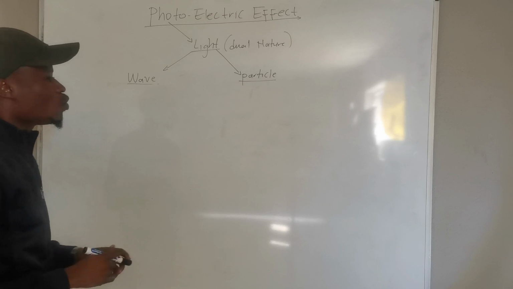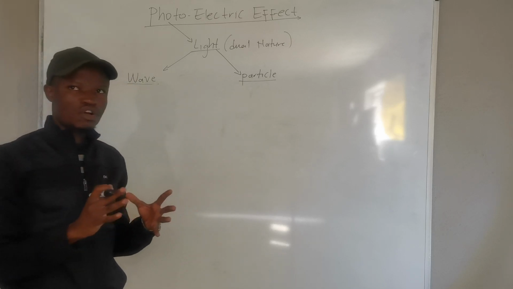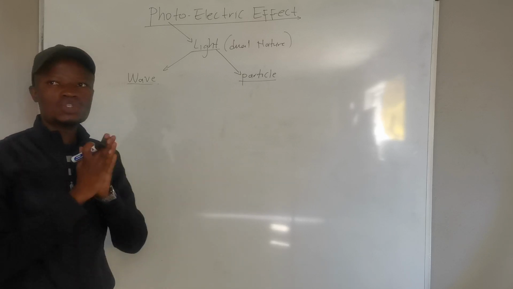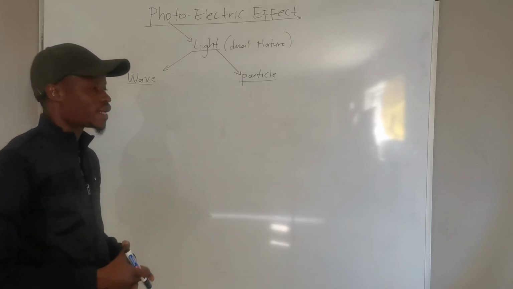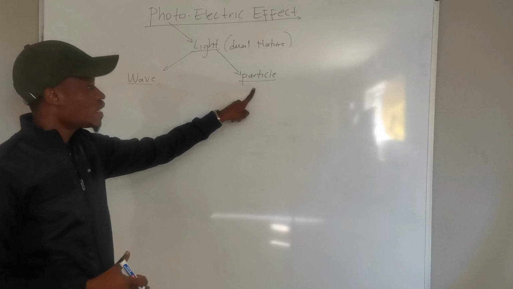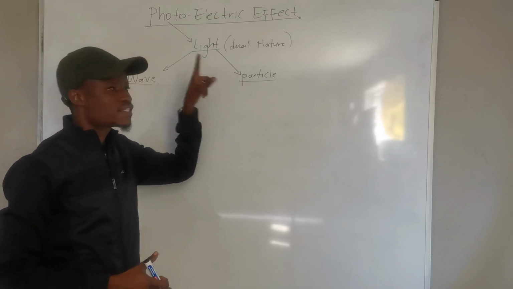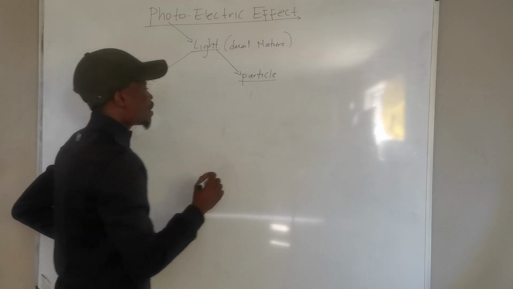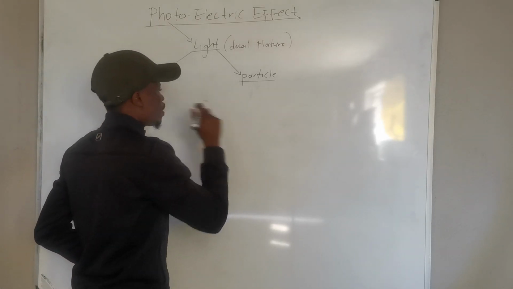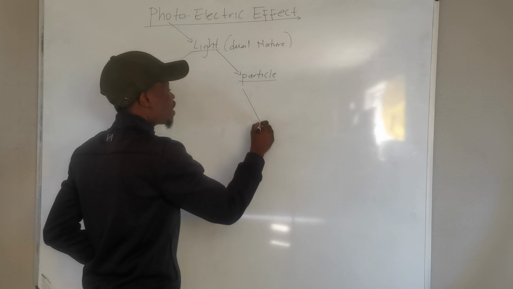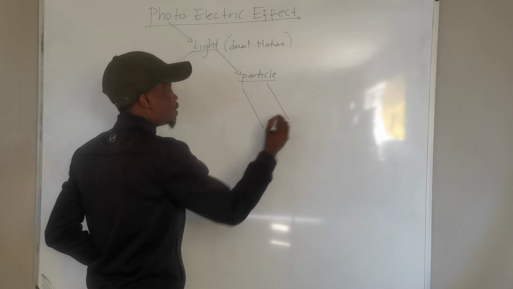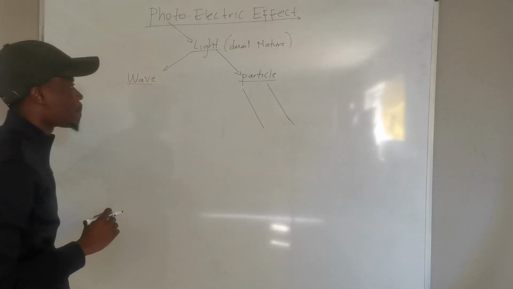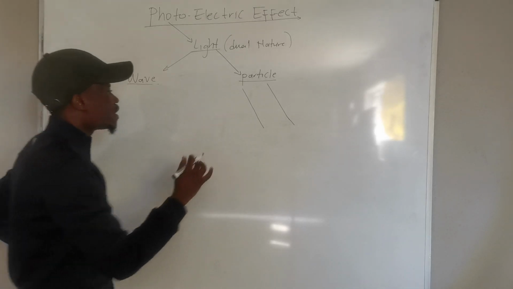All right. Now, the observation of how light is able to travel in a straight line tells us that light can be seen as a particle. If I have my light shining on something in a straight line, what do I notice in that light?